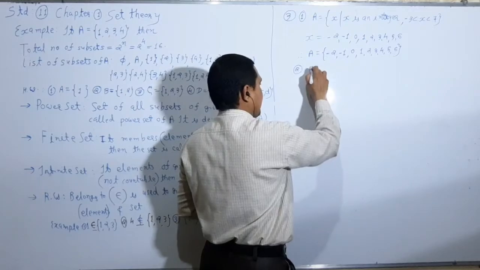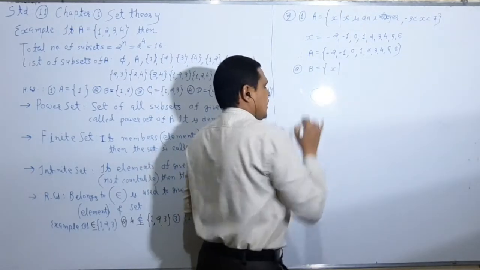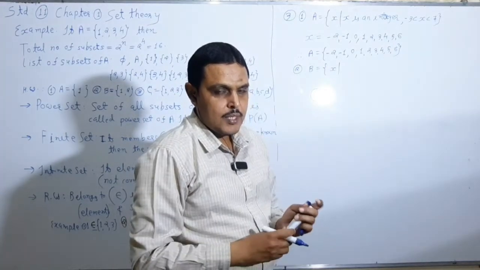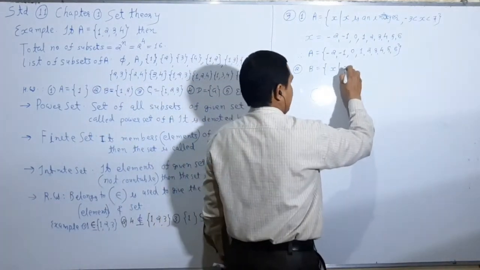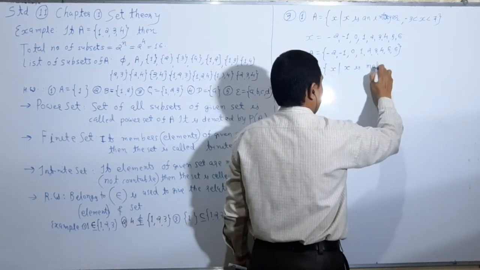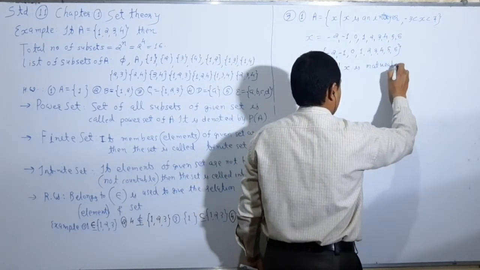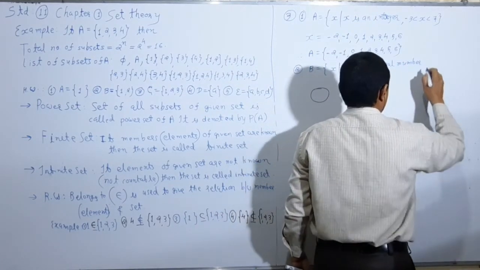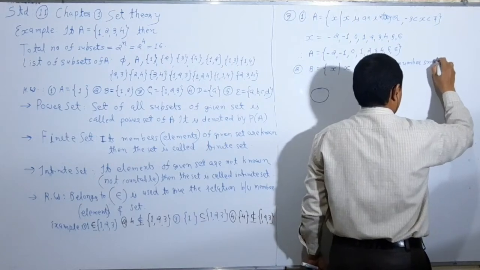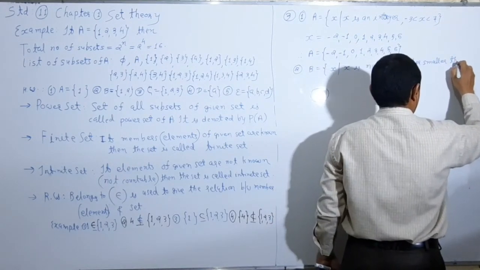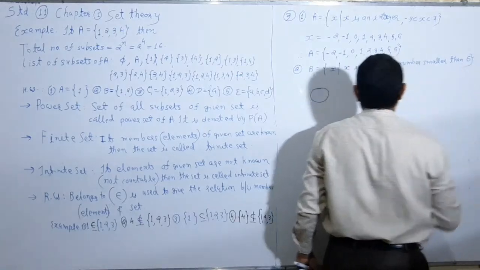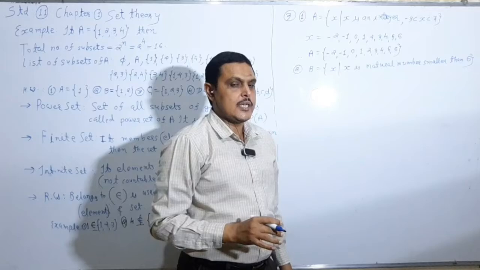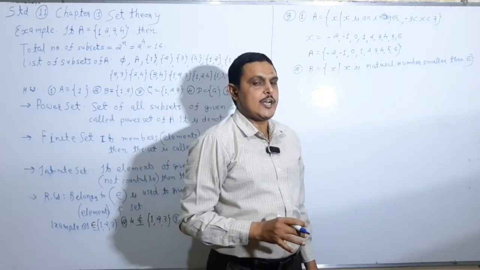Now the second question is B is equal to x oblique, x is a natural number smaller than 6. We have discussed the set of numbers, 5 sets of numbers.